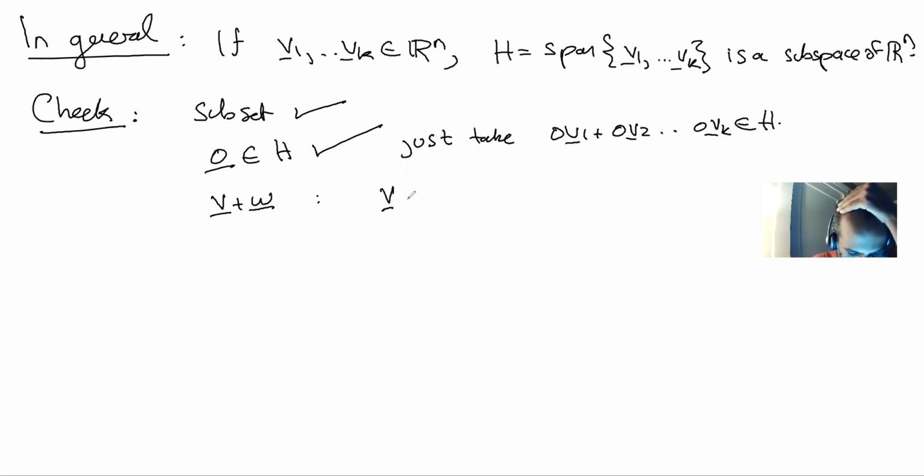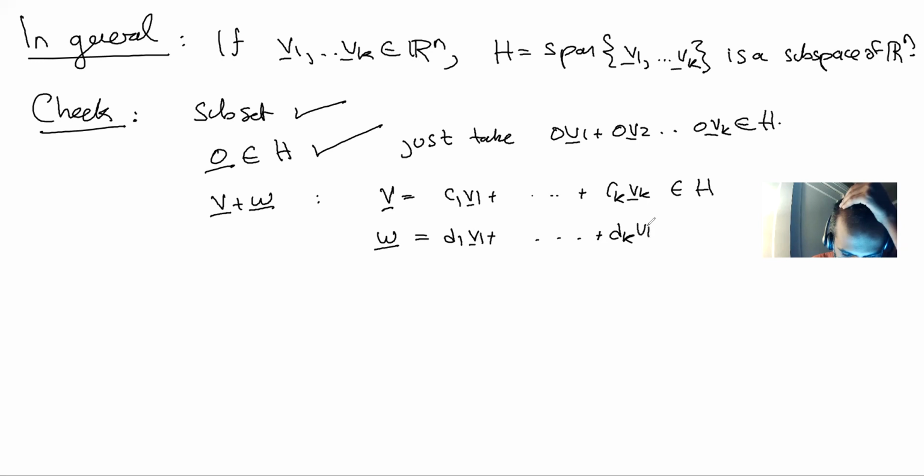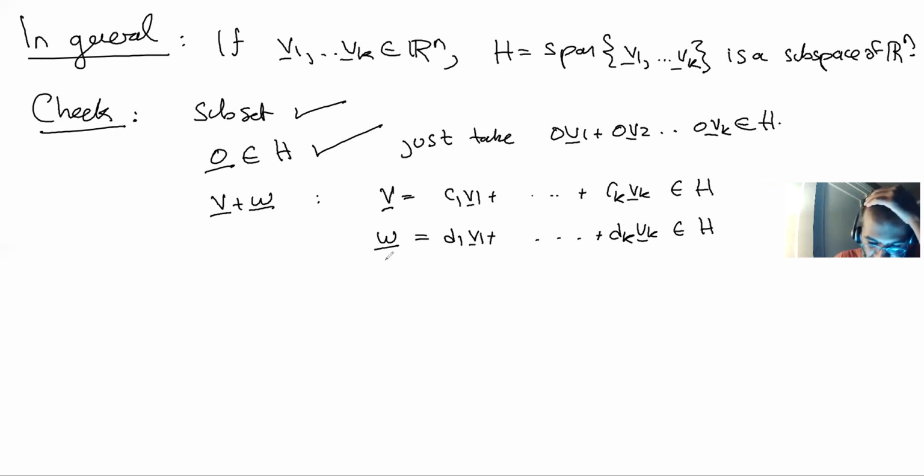Suppose v is equal to c1 v1 plus all the way up to ck vk, this is in H. And then you have some w that's some other linear combination, d1 v1 plus up to dk vk, in H. So you have two arbitrary vectors in H, and I want to prove that the sum is also in H. Let's see what happens if I add them.